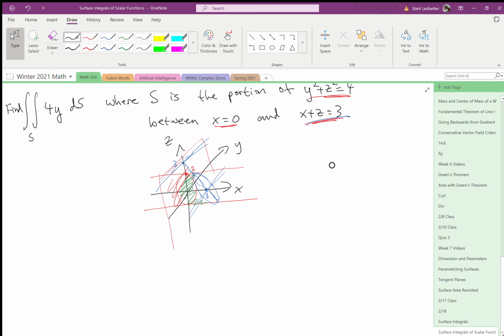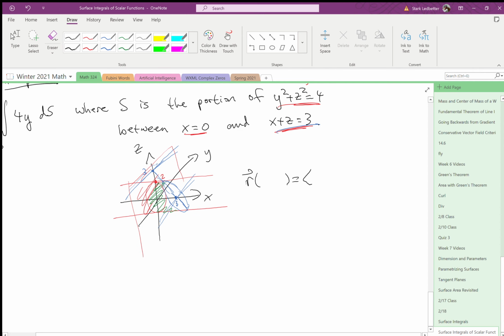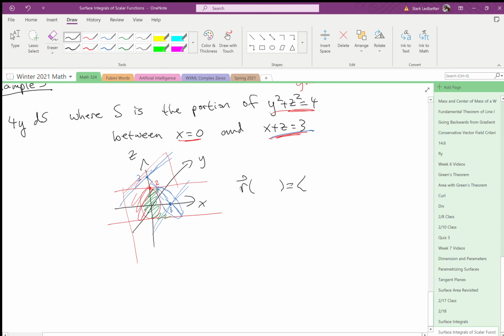Let's see if we can parameterize the cylinder. So in the yz coordinates, because y squared plus z squared is always 4, that's a circle of radius 2, so maybe we want to parameterize it as a circle of radius 2.